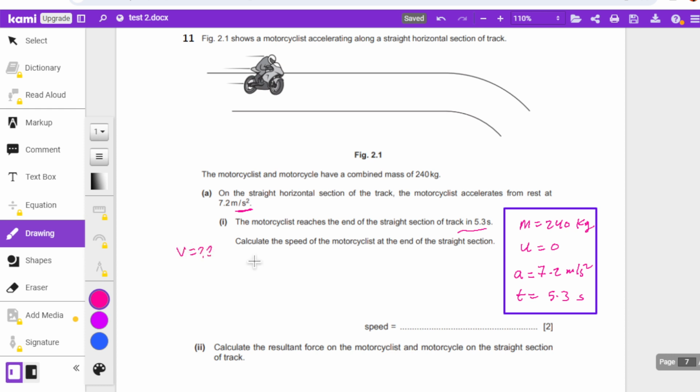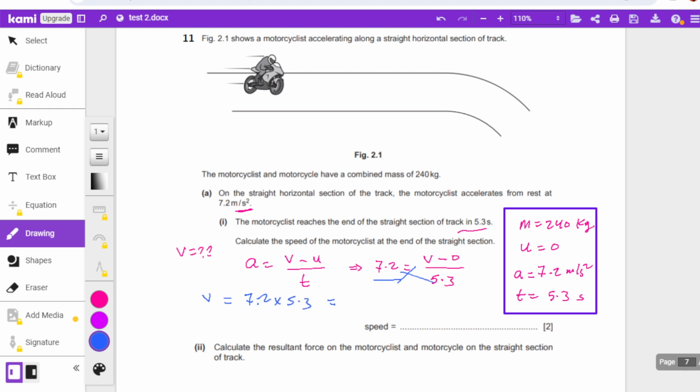As you know, acceleration equals v minus u over time. So acceleration is 7.2, v minus 0 over time, which is 5.3. Now you can make a cross multiplication, so it will be v minus 0, which is v, equal 7.2 multiply 5.3.